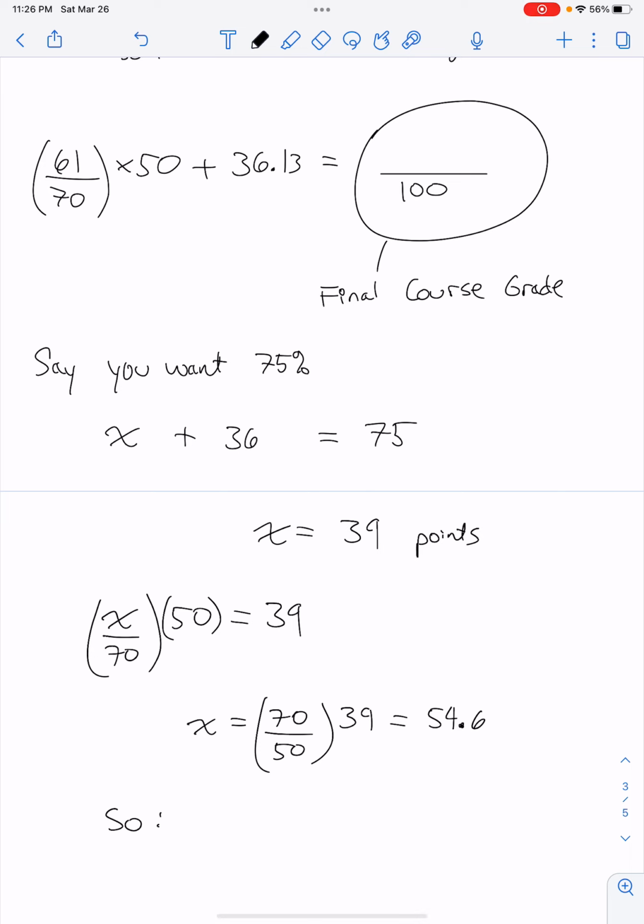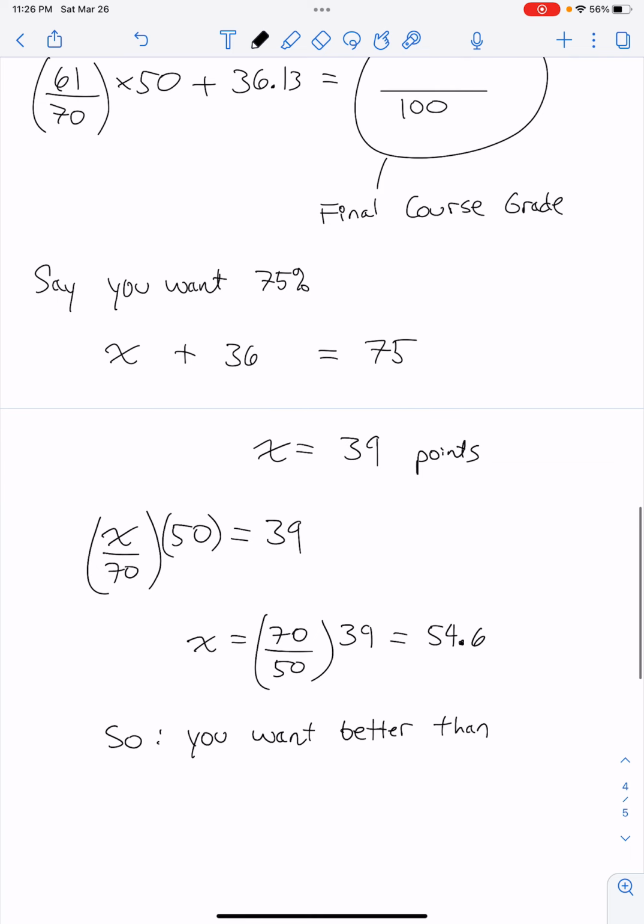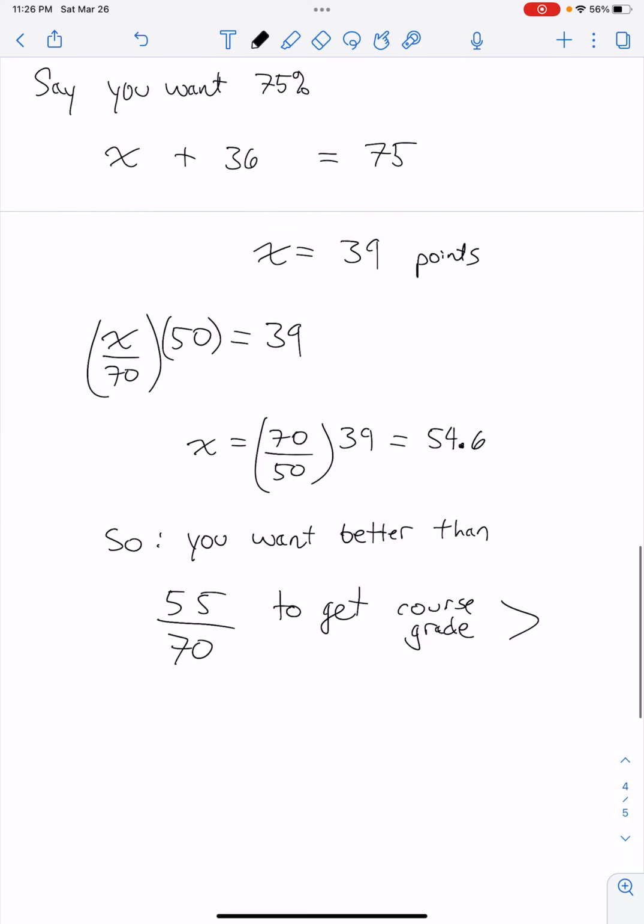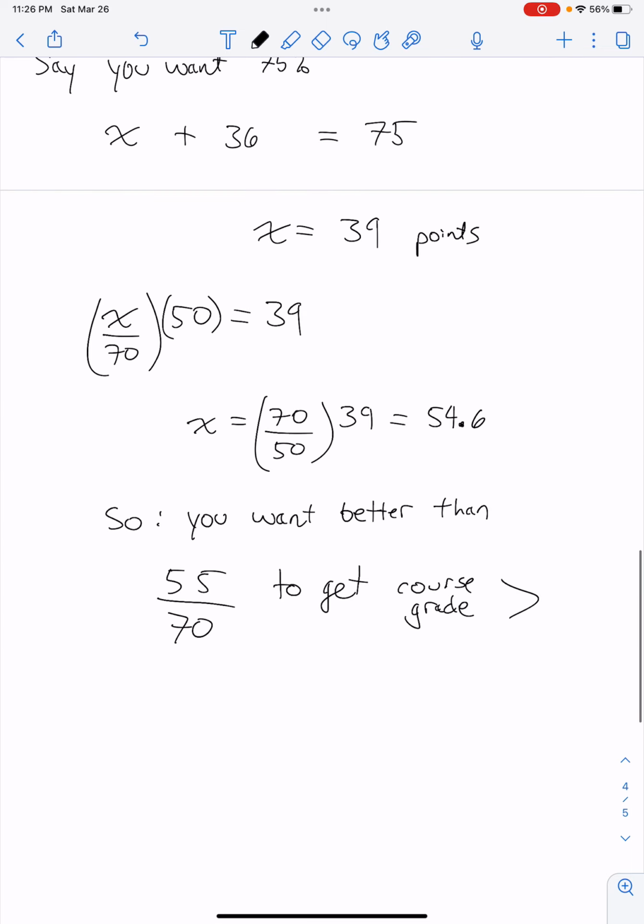So you want better than 55 out of 70 to get a course grade above 75%.